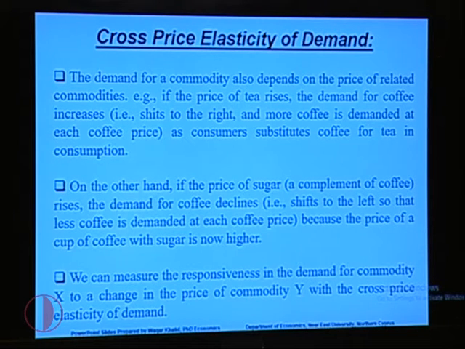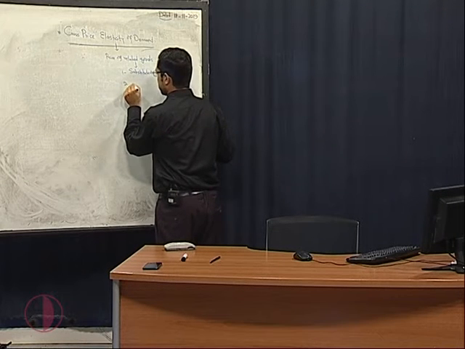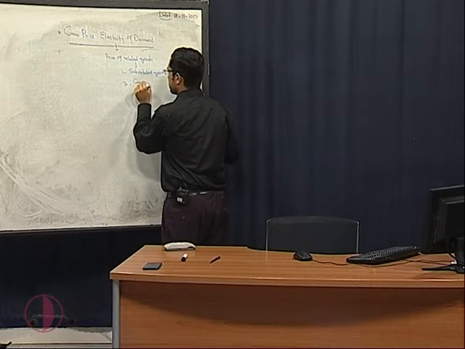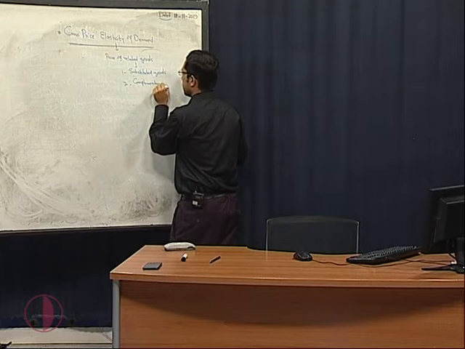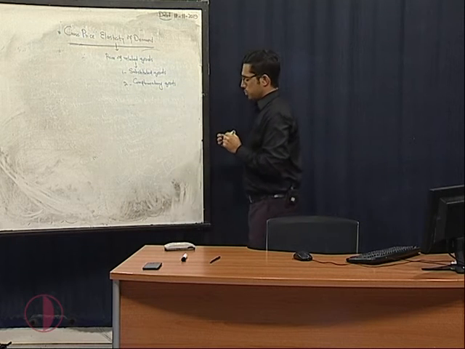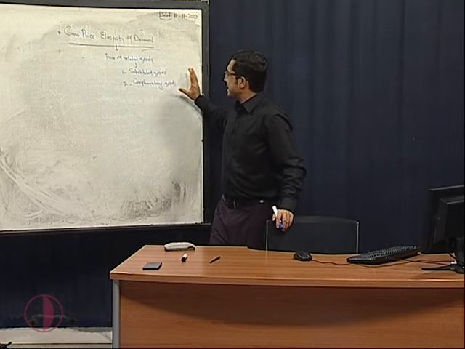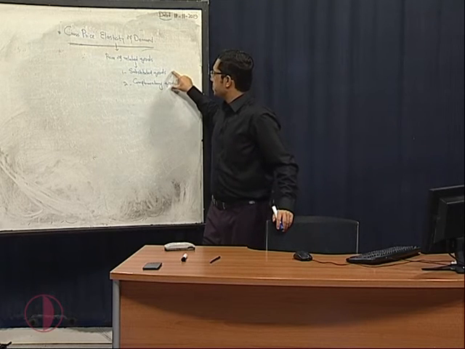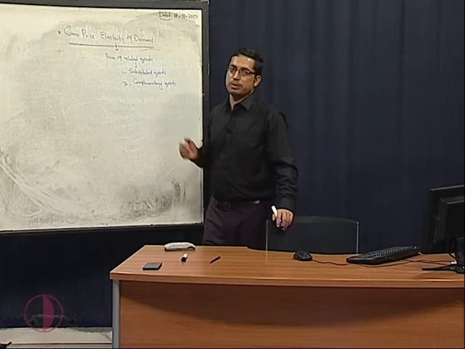One is substitute goods, or substitutes. Number two is complementary goods. In this lecture we will discuss how substitute goods as well as complementary goods affect the consumption pattern of the consumer.